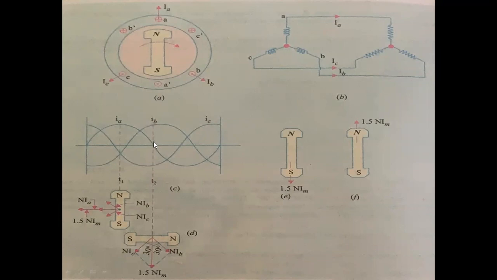IB and IC are equal to 0.866 of their maximum values. And IC did not change direction during the interval from T1 to T2, right? IC is always negative.